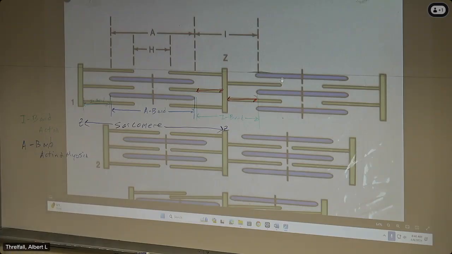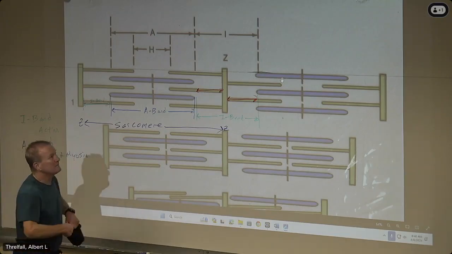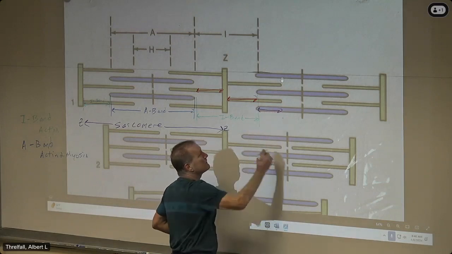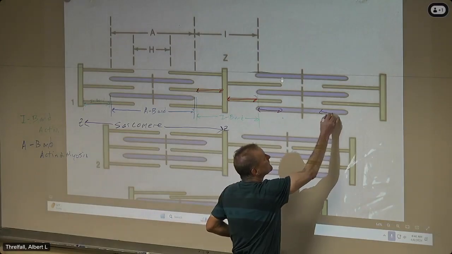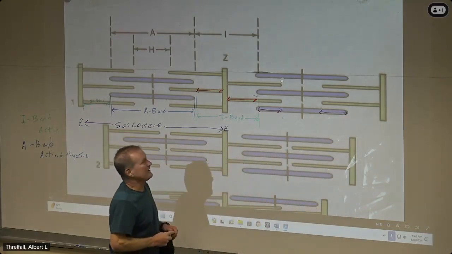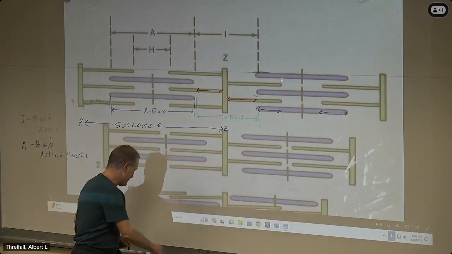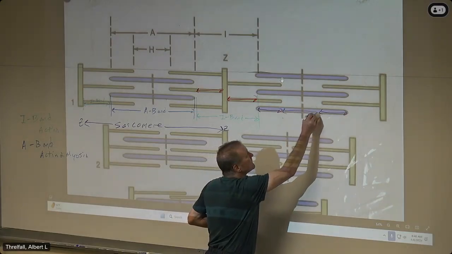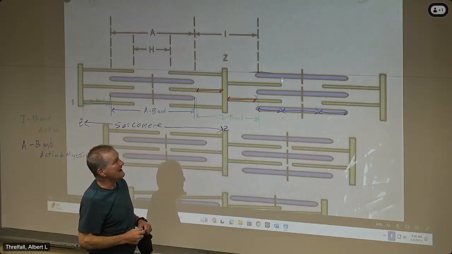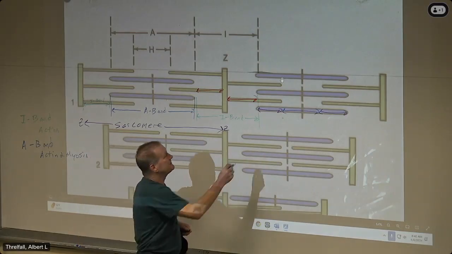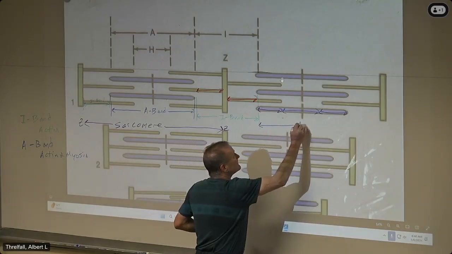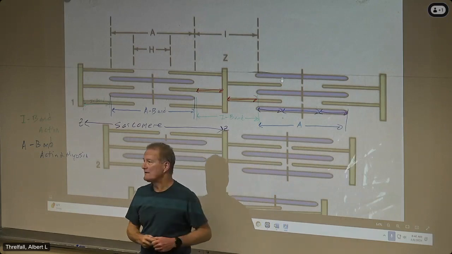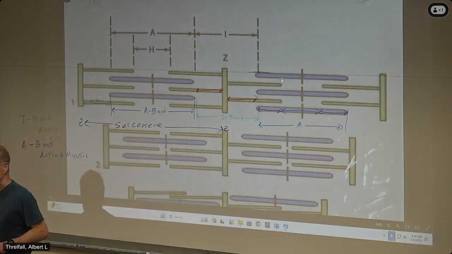Now, if we break the A band down, we have the part of the A band where actin and myosin overlap versus the part of the A band that is just myosin. The whole thing is A. Remember, A runs from one end of myosin to the other.